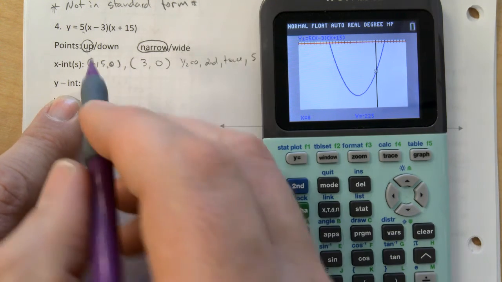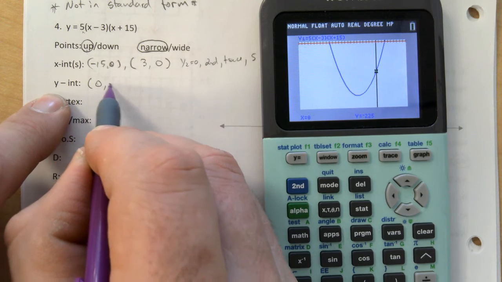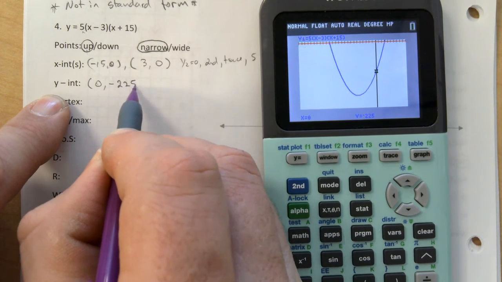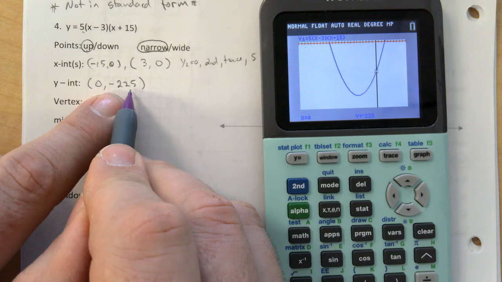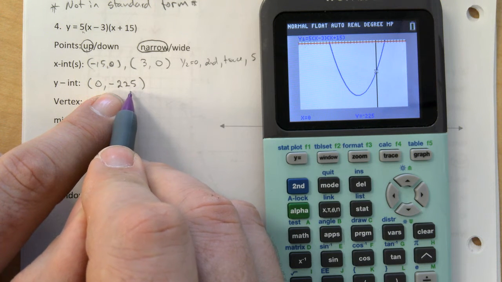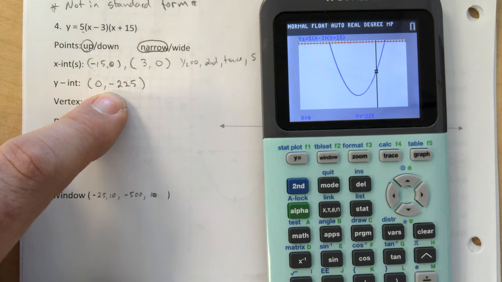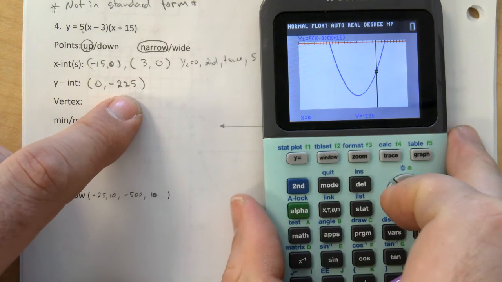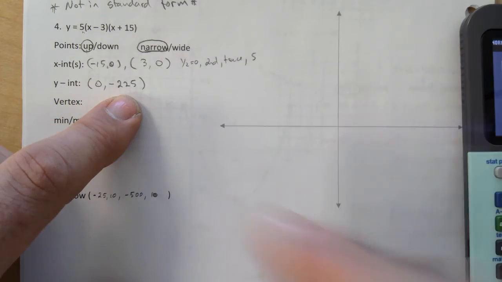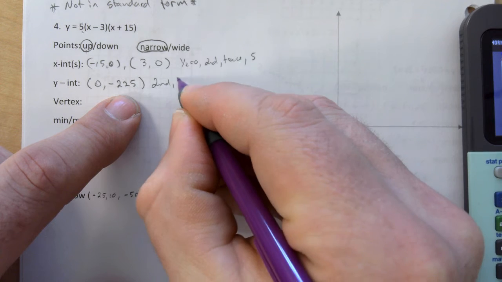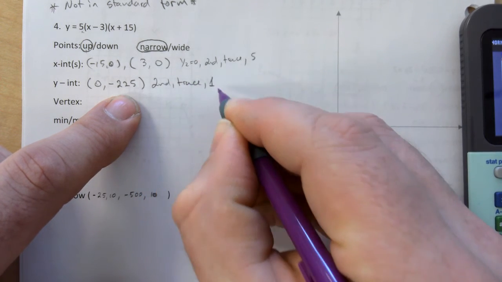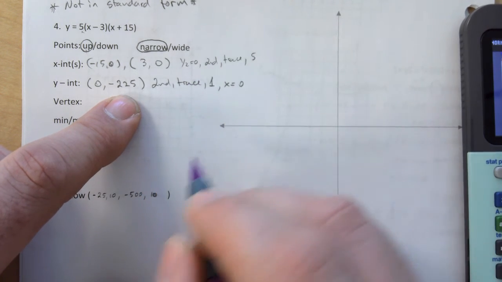So I hope you tried this one. 0, negative 225. Right? The y-intercept is found the same way as you did it with the linear. And we're going to write down second trace 1, x is equal to 0.